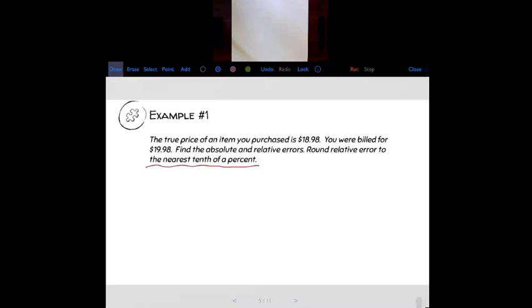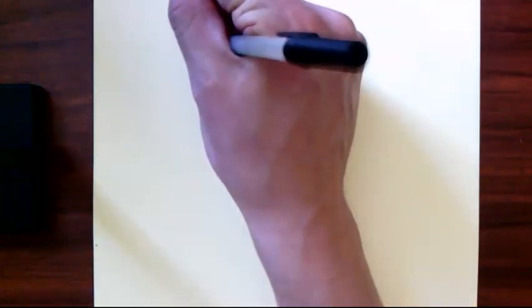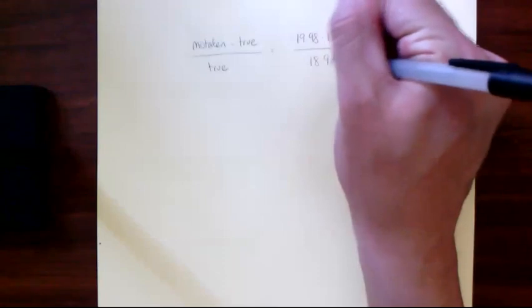So we'll calculate the mistaken value minus the true value, all divided by the true value. The true value is $18.98, and what you were billed was $19.98. So $19.98 minus $18.98, all over the true value, $18.98.